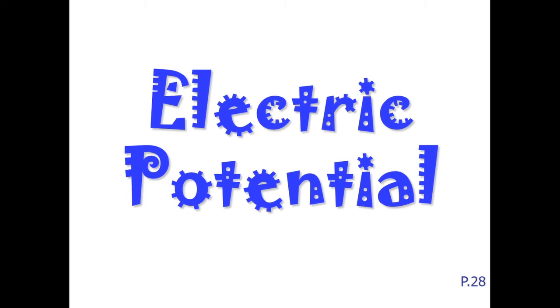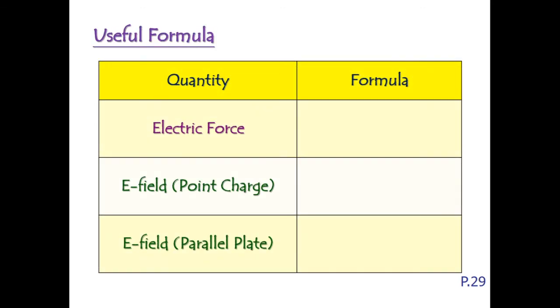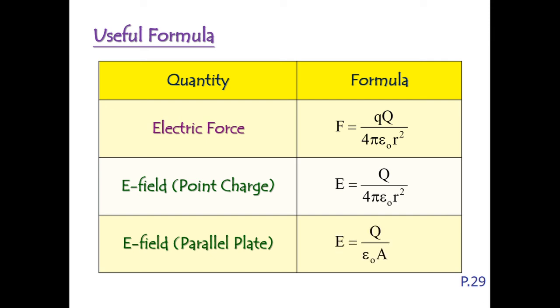Apart from the electric field between parallel plates we have just derived, we can derive another expression for the electric field between two parallel plates in terms of the electric potential. Let us review the three important formulas: the electric force between two charges, the electric field of a point charge, and the electric field between two parallel plates.